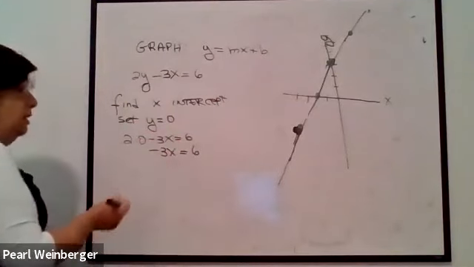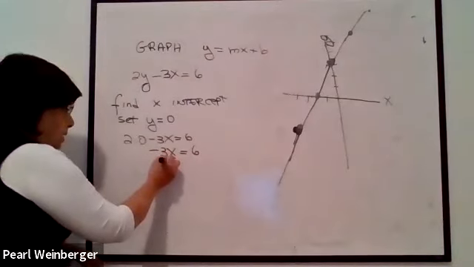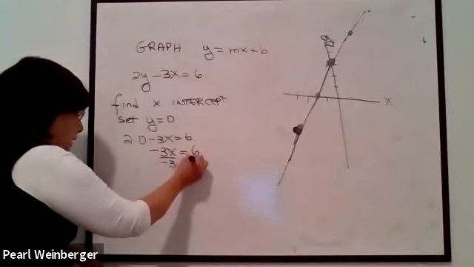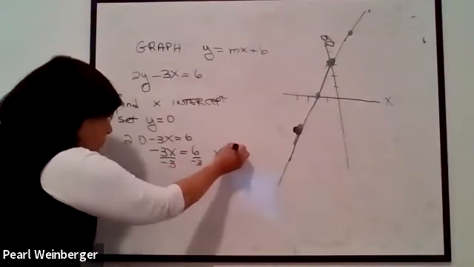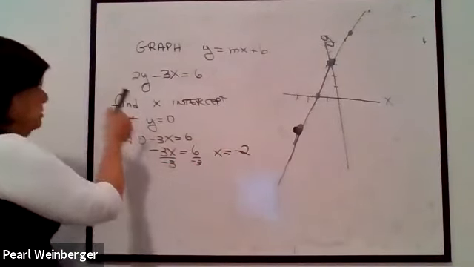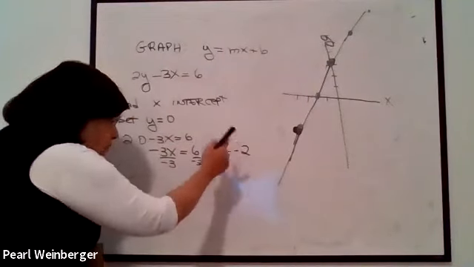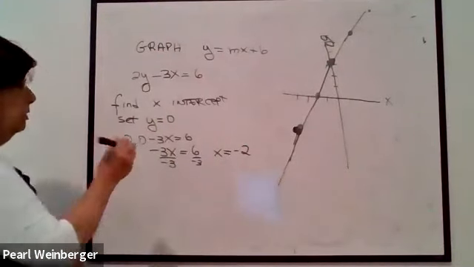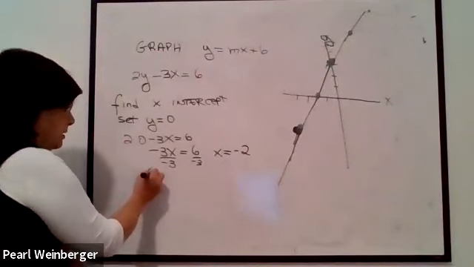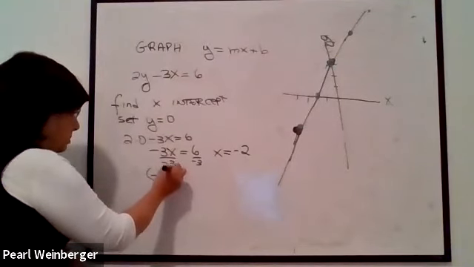We get negative 3x equal to 6, and when I divide by negative 3, I get x equals negative 2. In other words, the x-intercept is negative 2. More accurately, the x-intercept is the point (negative 2, 0).